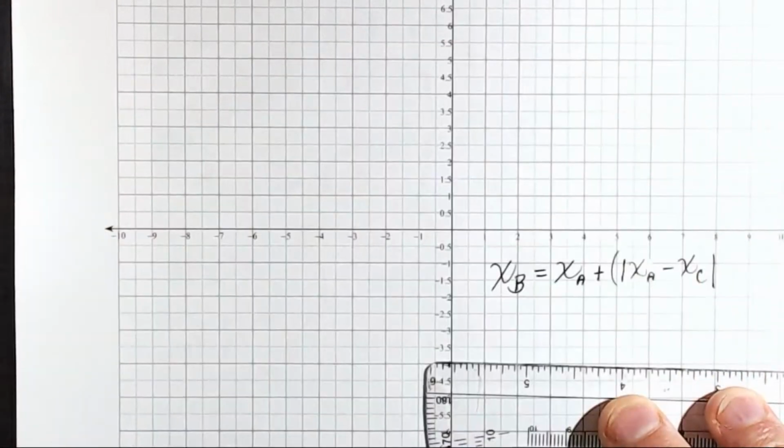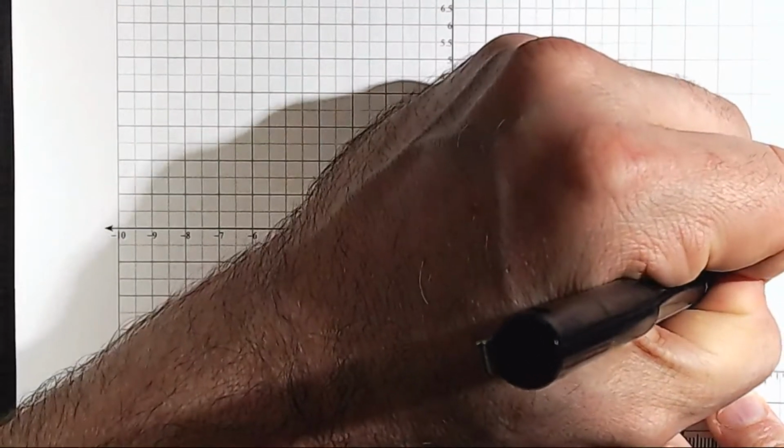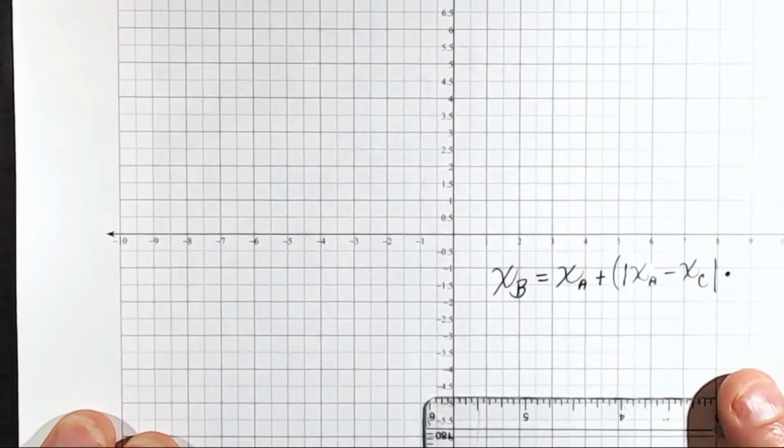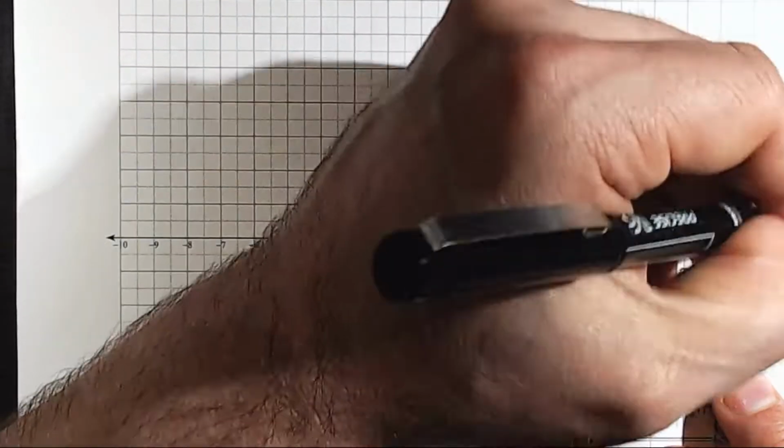Close that absolute value bar and then multiply by the fractional distance, which is 4/9.